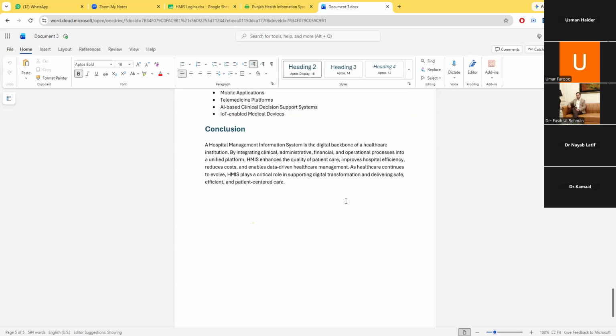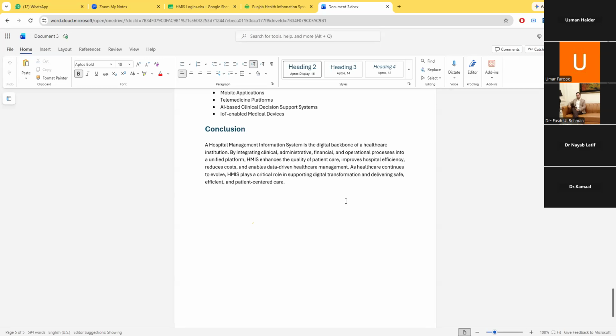As healthcare continues to evolve, HMIS plays a critical role in supporting digital transformation and delivering safe, efficient, and patient-centered care. So this is why we have the HMIS system, what the HMIS system is, and what we are going to do in that system.